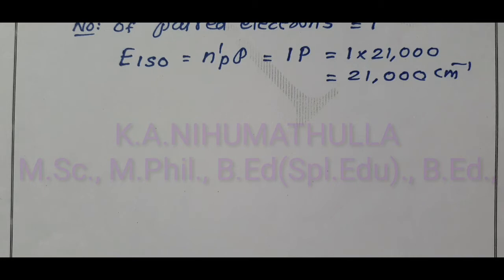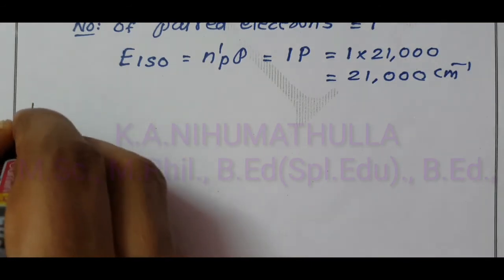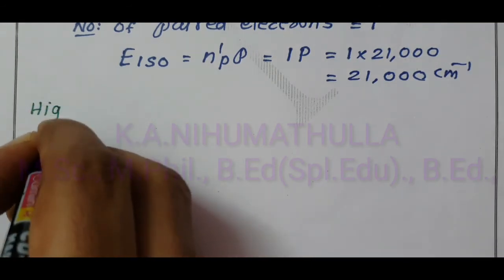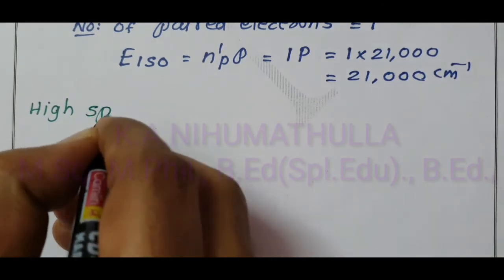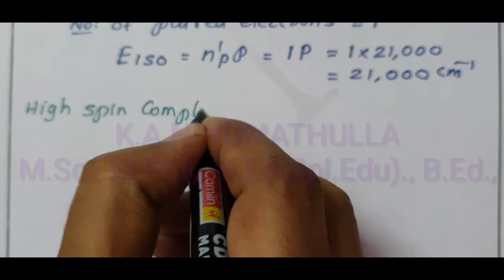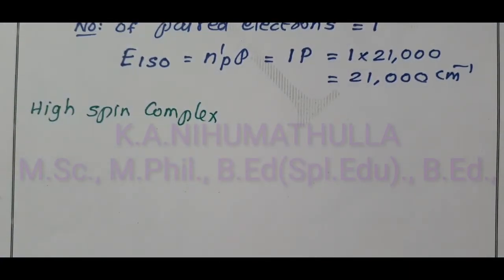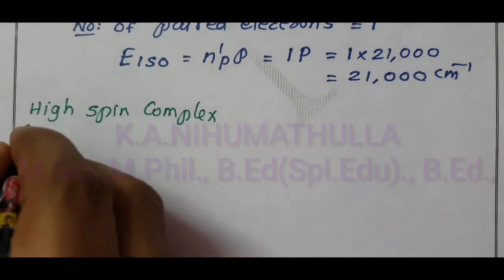For that, the complex CoF6 3- is now a high spin complex. In high spin complexes, no pairing takes place.